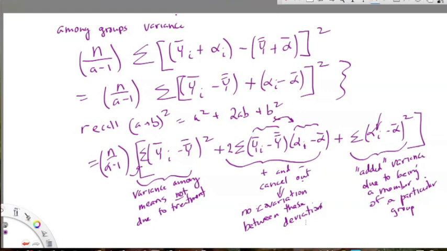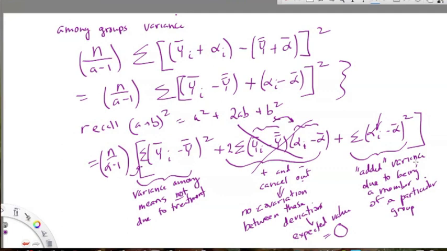So the expected value of that term on average equals 0. So this term falls out, leaving behind only this variance among means not due to treatment and the added variance that is in fact due to treatment.